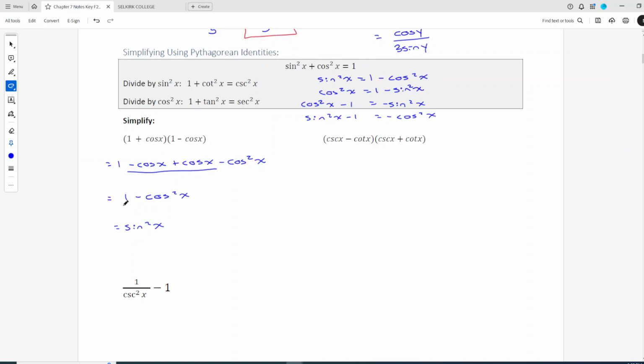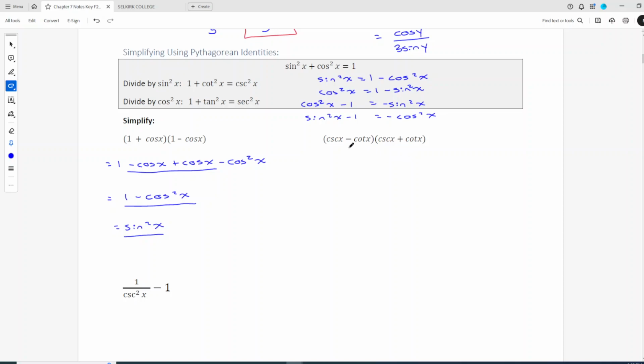So I can now make this binomial into a simpler monomial. It's really hard to find homework, so it goes a step at a time. But this one belongs in the Pythagorean identity section, and the answer will be sine squared x. Now pause the video and maybe give this one a go.